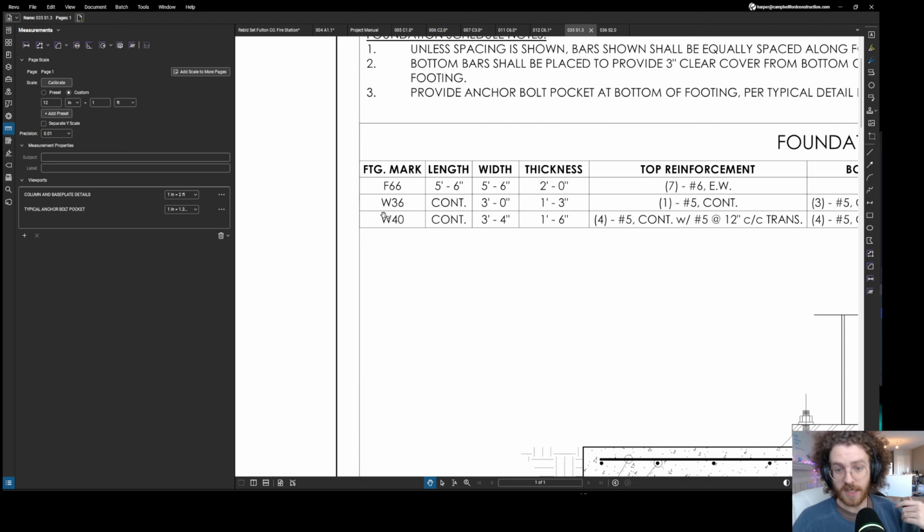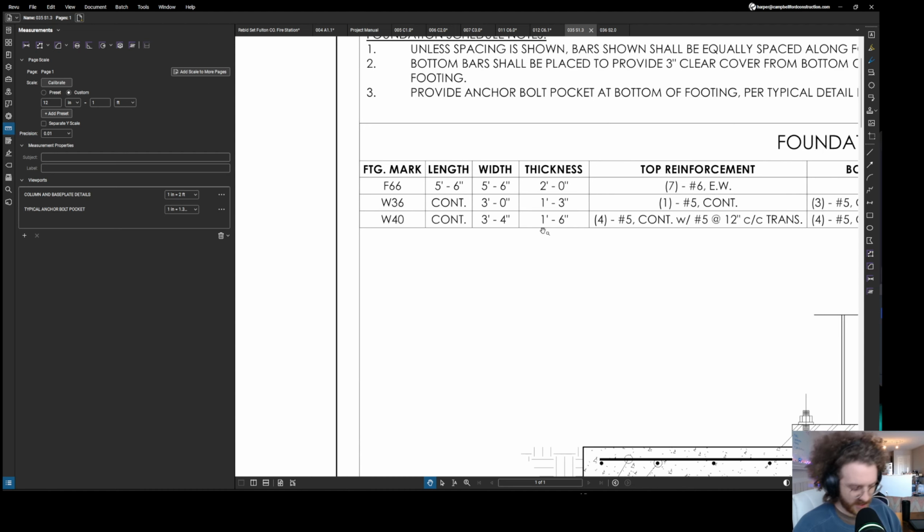So we're going to take the linear feet off of those. But it is important that we know those are 3 by 1 foot 3 inches. And then the W40s, same premise, wall footings, straight, continuous. They're going to go for a while. We're just going to take off the linear foot and then have those two, the width and the thickness, and we're going to multiply those.